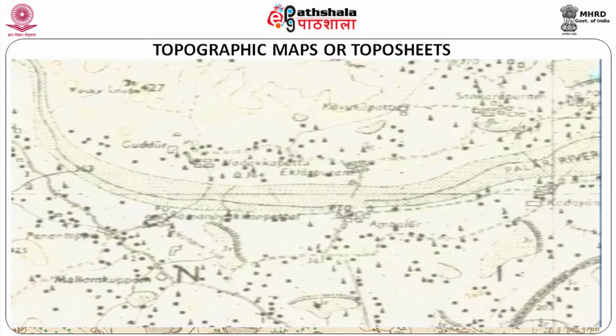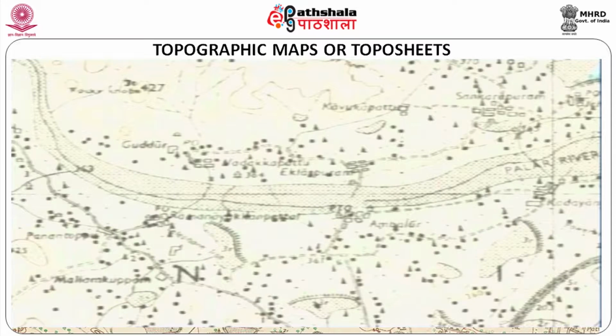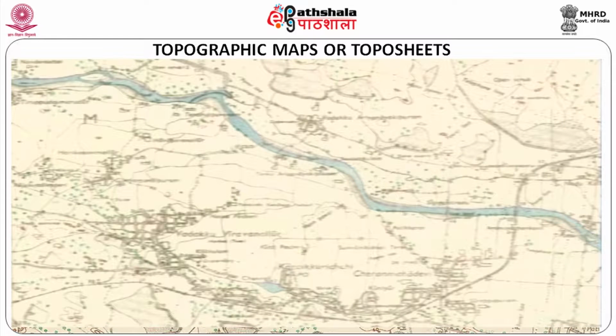Very important, isn't it? All these things can be obtained from a topo sheet, every detail which is present there. But at the same time, if a topo sheet shows a river in blue color, it is indicative that it is perennial in nature. This is dry, this is perennial in nature.